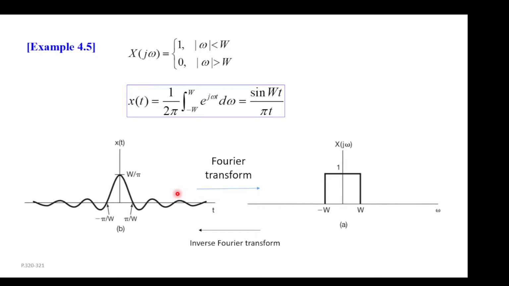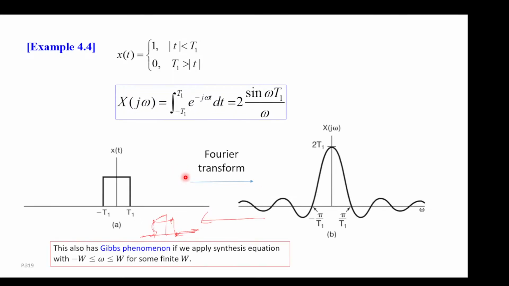Actually we have a little more minutes. Then yeah, we'll talk about this symmetry in more detail later. But what we have seen here is that the time domain and the frequency domain of the continuous Fourier transform have an interesting symmetry.